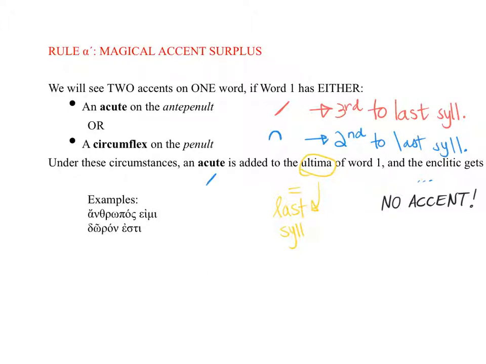So we can look at a couple of examples. In anthropos Amy, we can see that word one has either an acute on the antepenult or circumflex on the penult.